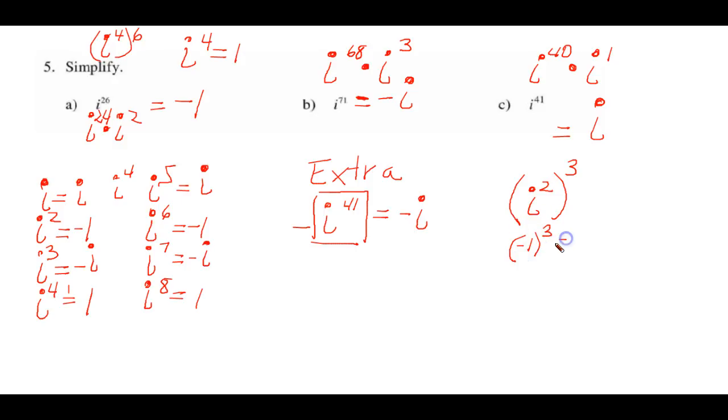Raised to the third power is a negative 1. Now you could also have multiplied this by the powers here and get i to the 6th. And what did we say i to the 6th was? It's right over here, negative 1.